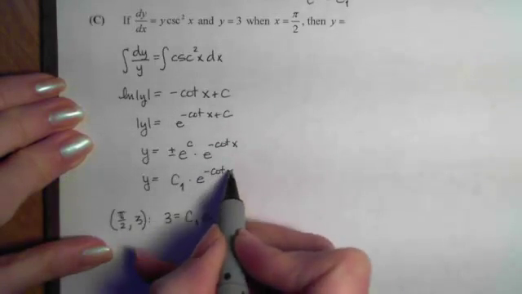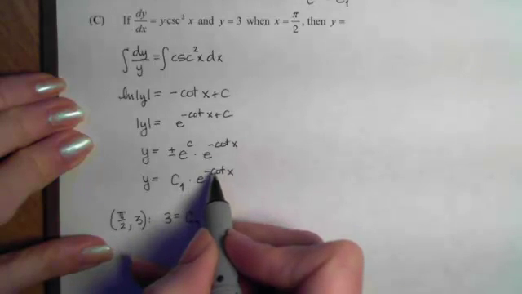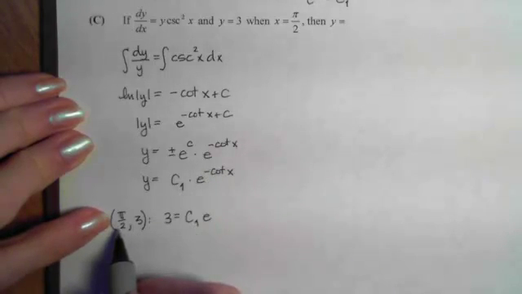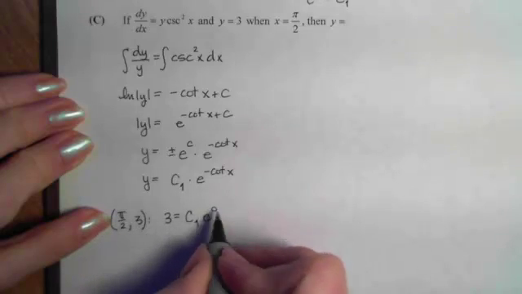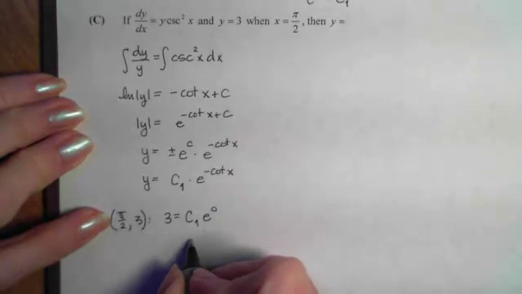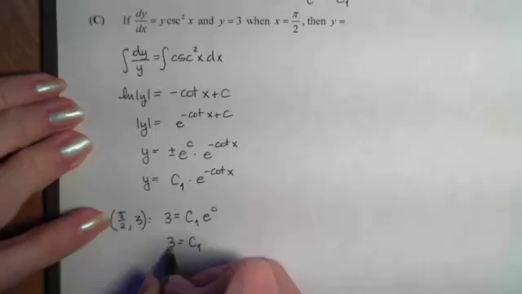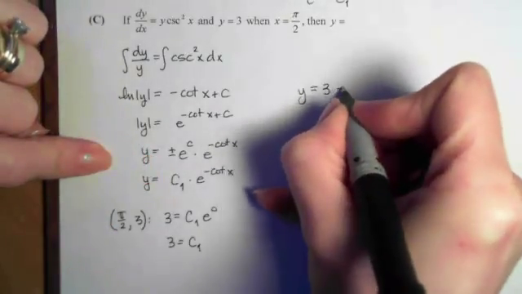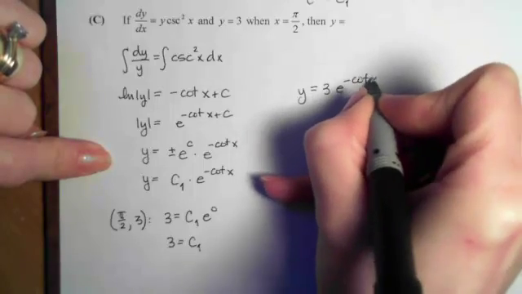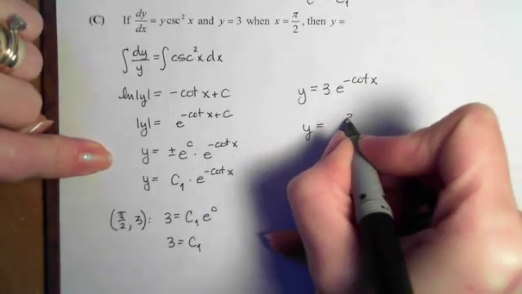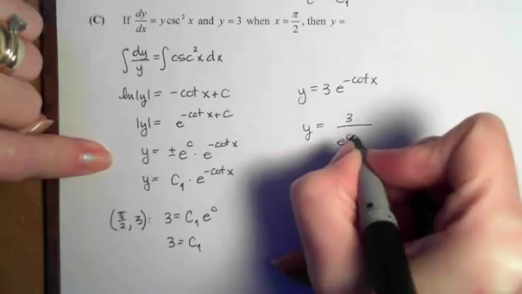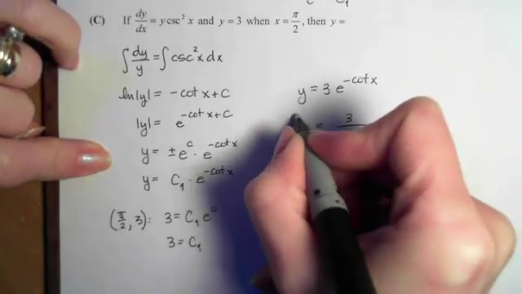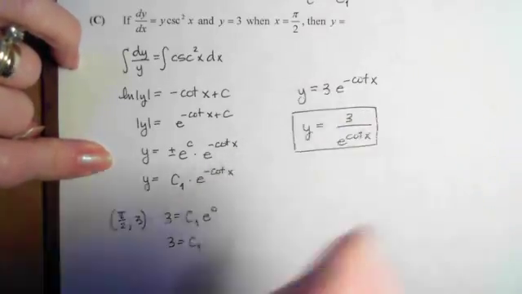And let's recall that cotangent is cosine over sine, and the cosine of pi over 2 is a 0. So we'll get e to the 0, which is just a 1, so c sub 1 equals 3. Therefore, we can plug our c sub 1 back in, and we're done, or we can get that exponent written as a positive, and we're finished.